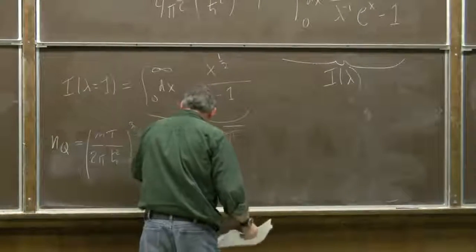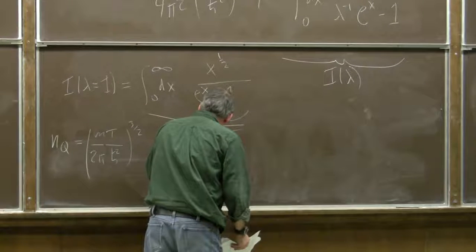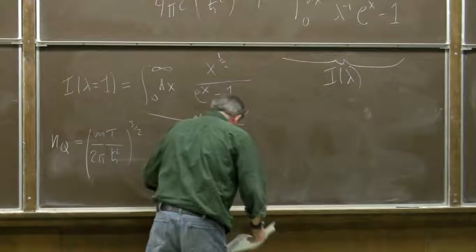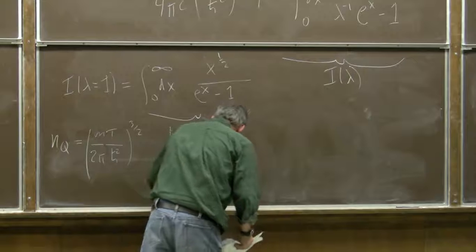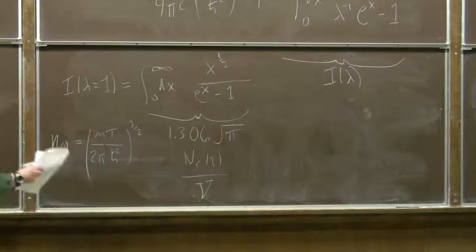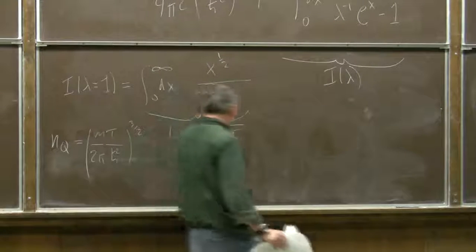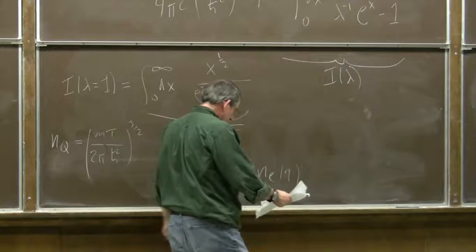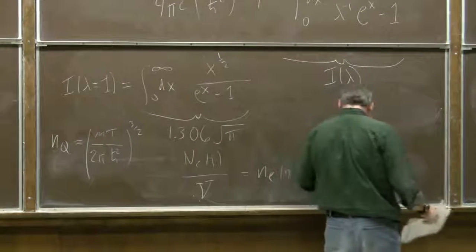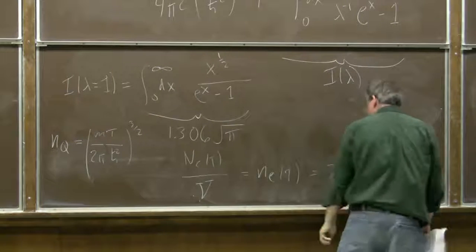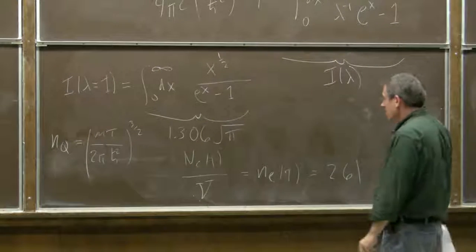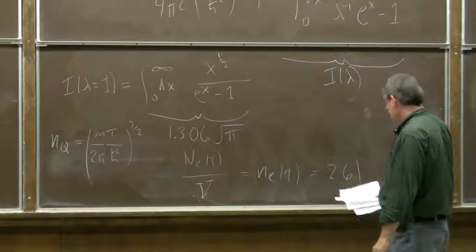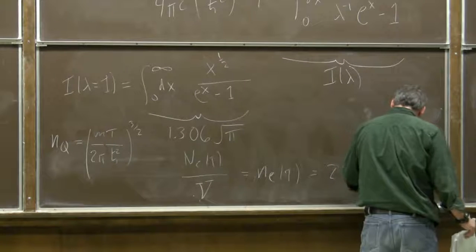So if I divide by the volume, the number in excited orbitals per unit volume, the excited concentration as a function of temperature, I can write as 2.61. It's that 1.306 times 2, and then I have a factor of the quantum concentration n_Q.